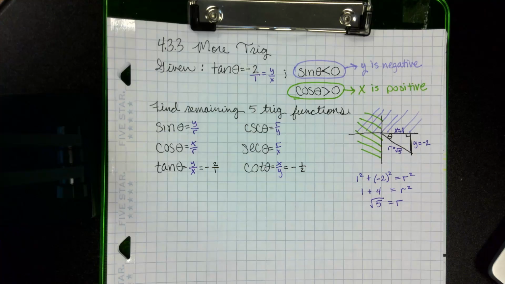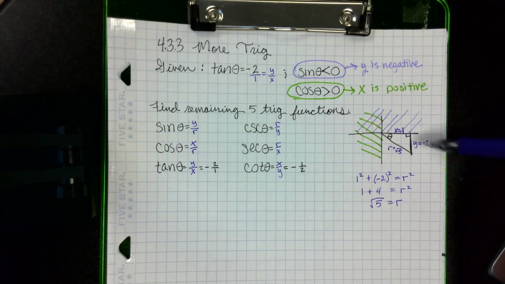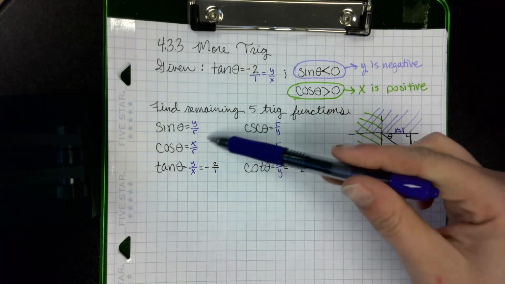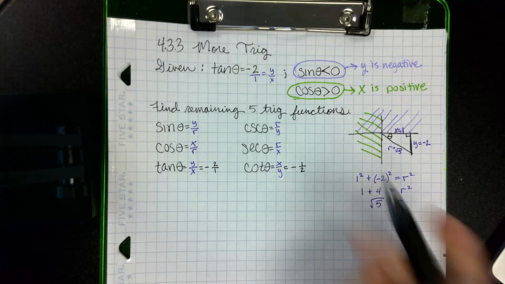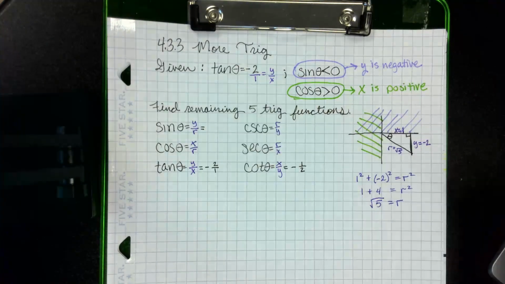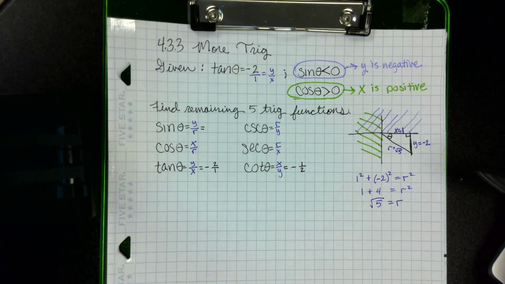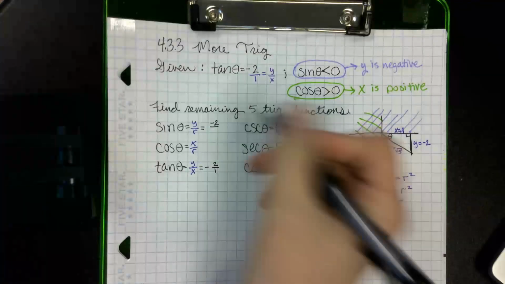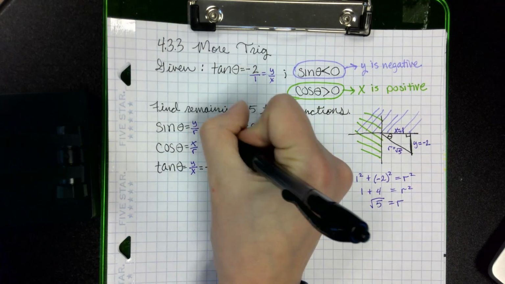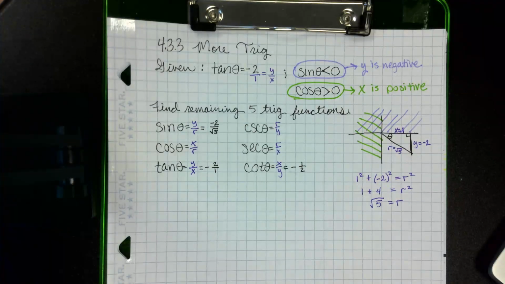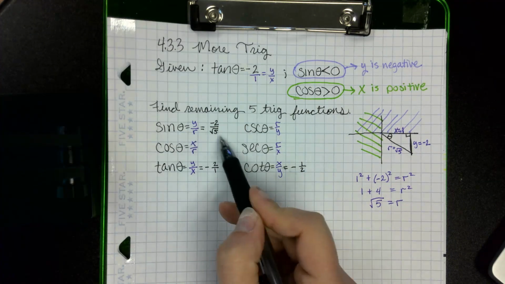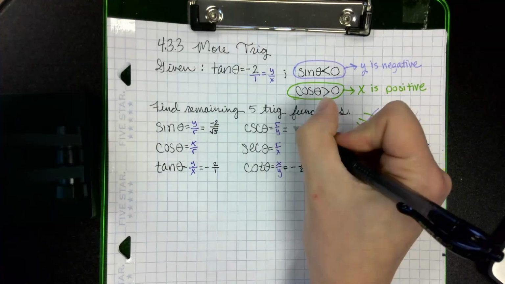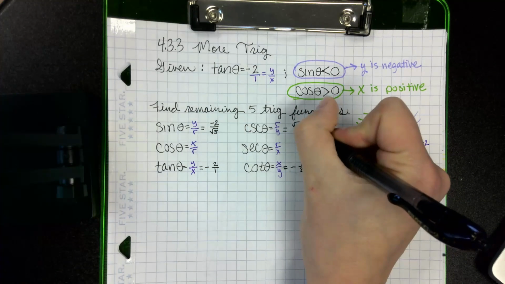Now that you have the entire triangle built and you have values for everything, it's just filling in our table over here. So sine is y over r. Y is -2. R is square root 5. And then we can do cosecant once we have sine by flipping these. So square root 5 over -2.